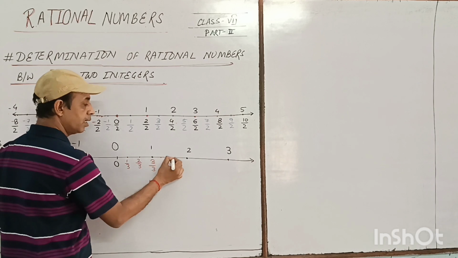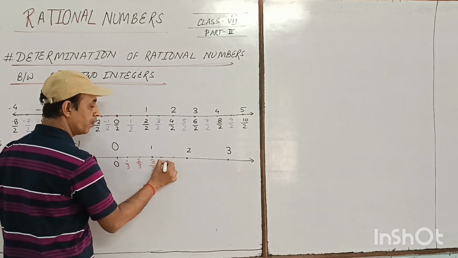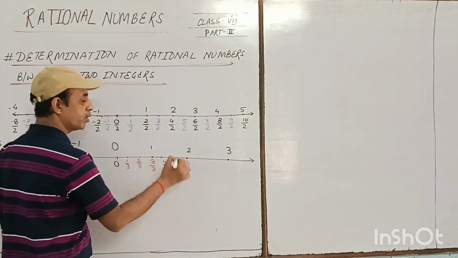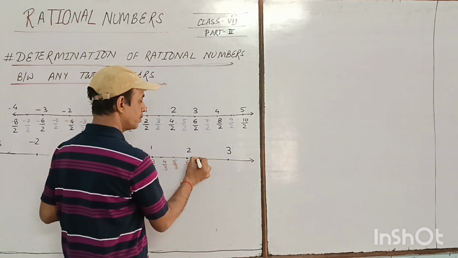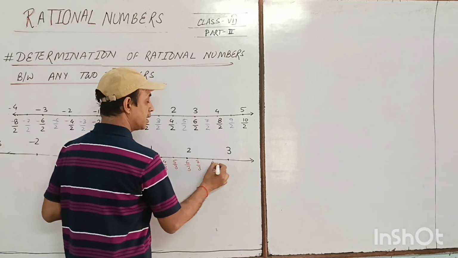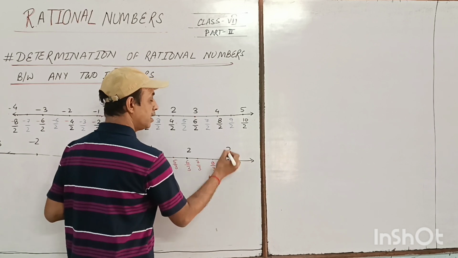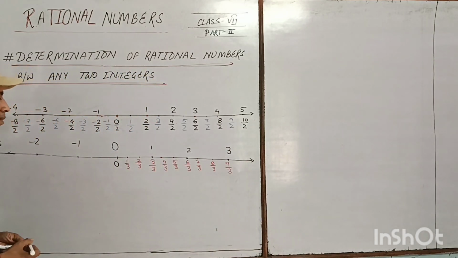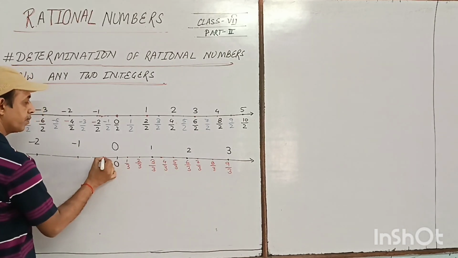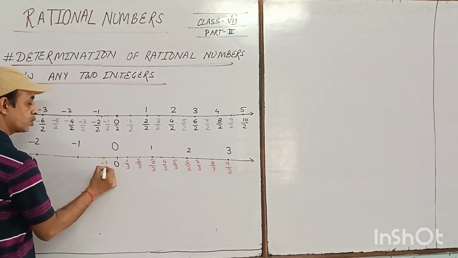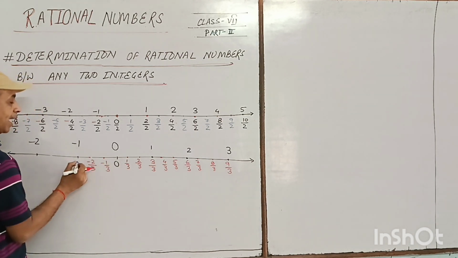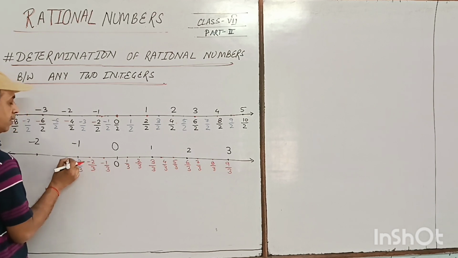The same way, between 1 and 2, it will be 4 upon 3, 5 upon 3, and this 2 can be written as 6 upon 3. Further, 7 upon 3, 8 upon 3, and 3 can be written as 9 upon 3 and so on. The same thing on the negative side: minus 1 upon 3, minus 2 upon 3, and minus 1 can be written as minus 3 upon 3.